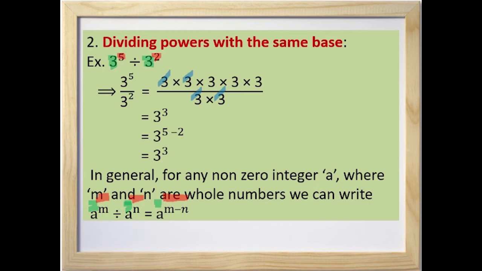Here, children, the base is same, that is a, for both the powers, and the exponent here is m, and the exponent here is n. So you can see here, what is the answer here? We get a, and you have to simply subtract the exponents. Is it clear, children?